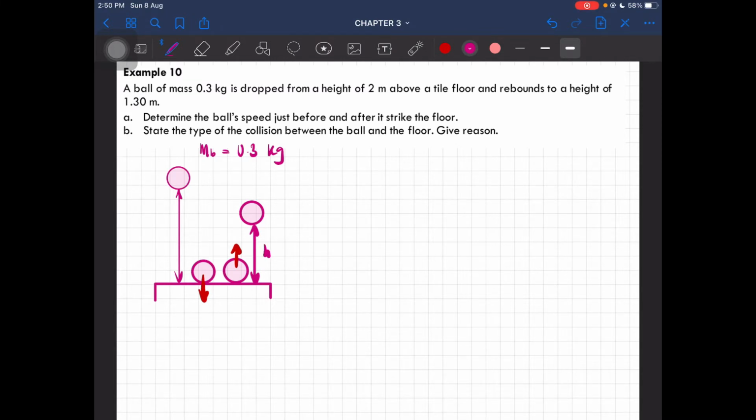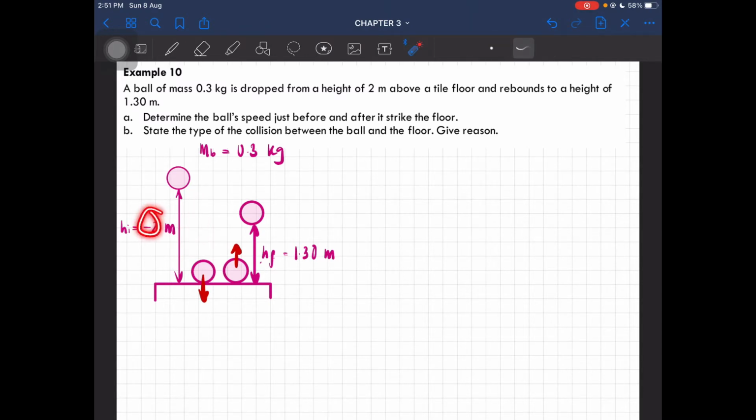Let this equal to height final, which is 1.3 meter. Initial is negative 2 meter. Why negative? Because the ball is being dropped.